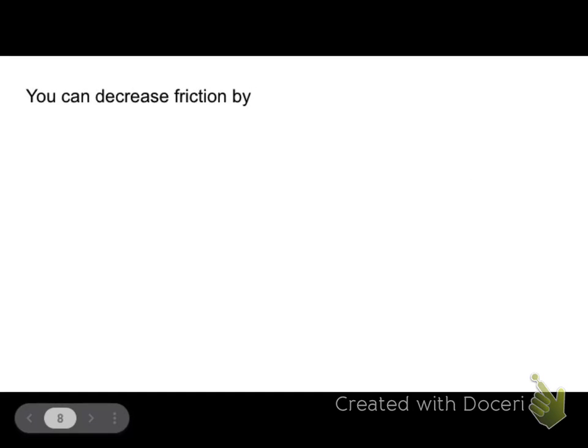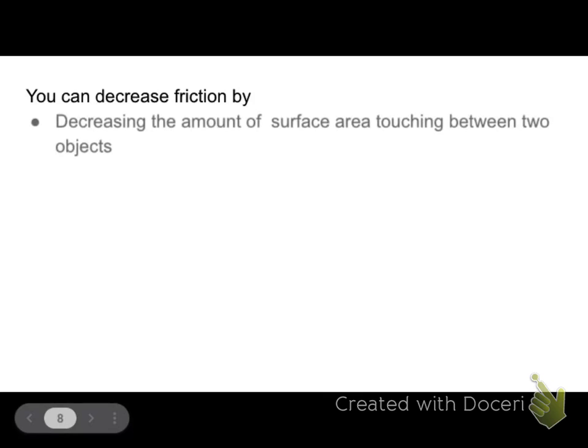Ways to decrease friction. You can decrease friction by decreasing the amount of surface area that's touching between two objects. So think about this in terms of something that's on wheels and something that's not on wheels. If you have a box on the carpet, the entire bottom surface of that box is in contact with the carpet. So all of that surface area is experiencing friction.